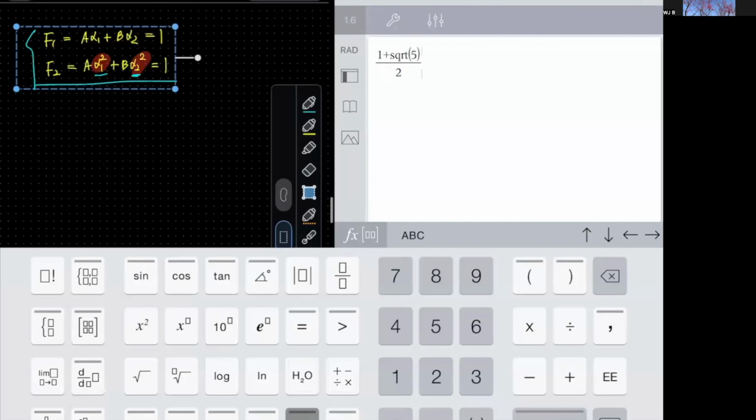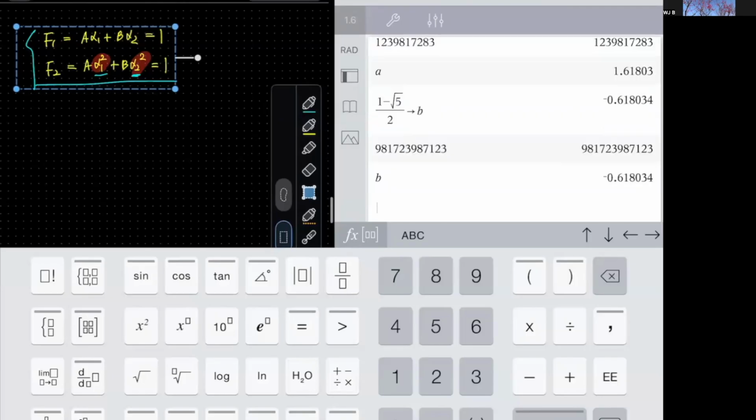So I'm going to store this as maybe A. Whatever number I put, if I put A again, it's going to come back to it. And then I'm going to put the negative one as B. So if I put B again, I come back to the number. It's nicer to work with because then I don't have to manually put 1 plus minus root 5 over 2 many times.